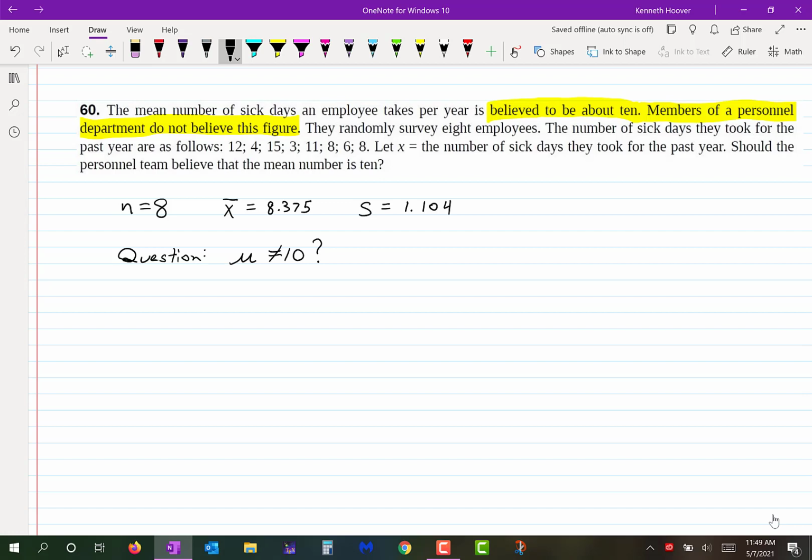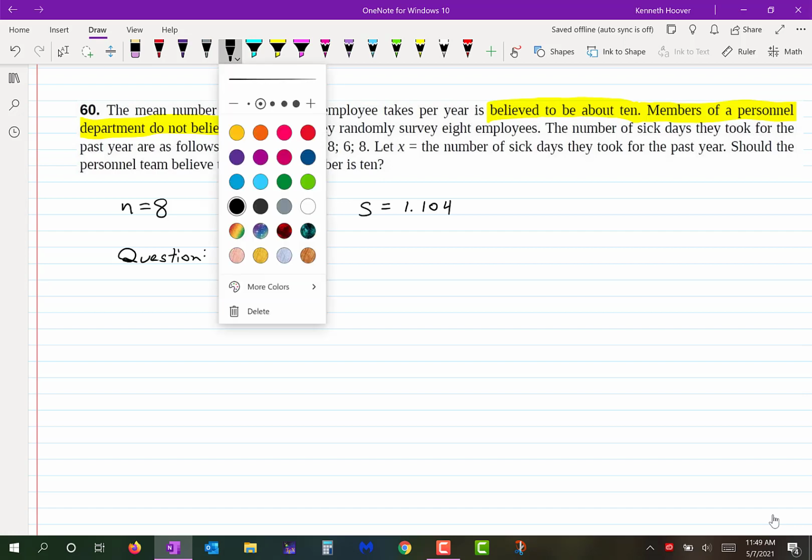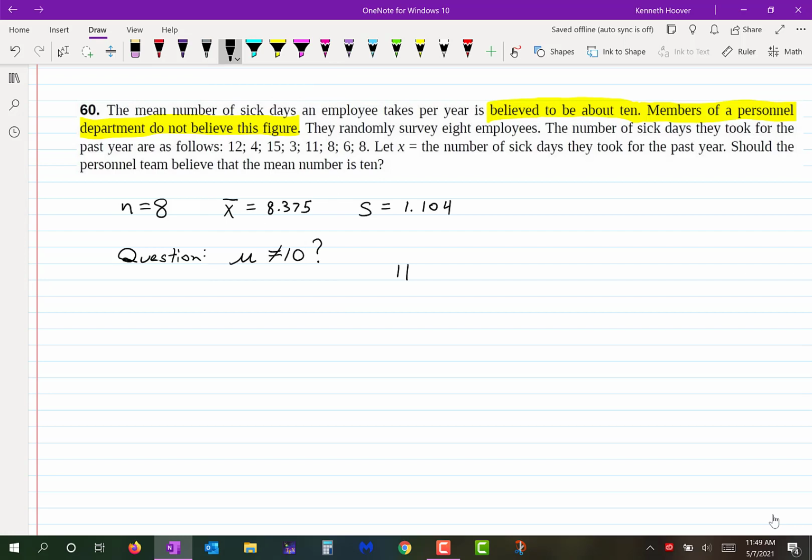So that is our alternative hypothesis, which means our null hypothesis is that mu would be 10. So this is going to be a two-tailed test because to say that something is not 10 means it could be bigger than or smaller than.